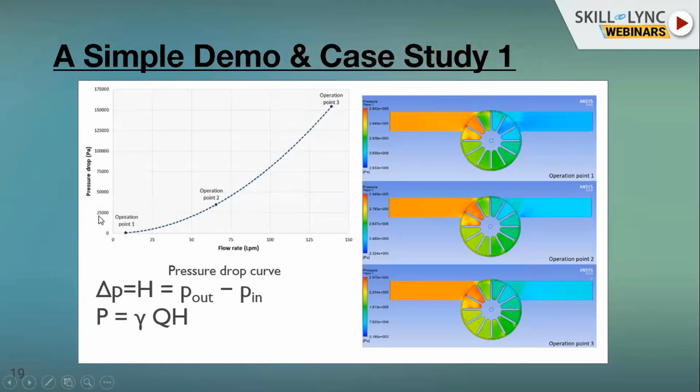The corresponding pressure drop at operation point 1 is around 500 pascals, whereas at point 2 it is around 34,000 pascals, and at point 3 it is exceeding 1,54,000 pascals.